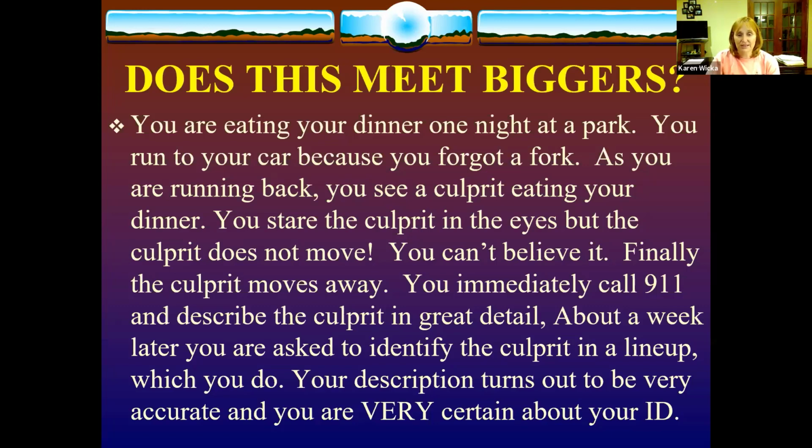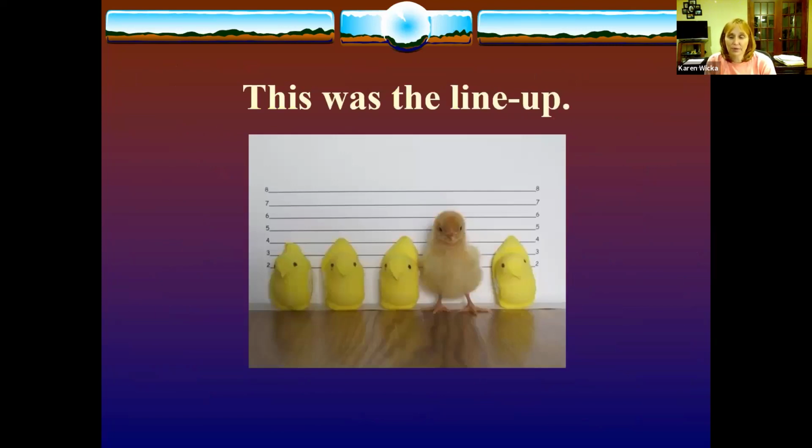But here's the question. This is our lineup, okay? Sometimes we can be really, really certain of something, but there could be another factor that would make the identification process bad and unconstitutional. And that would be whether or not our lineup itself, the procedures we use for the lineup or the photo array, were done in an unfair way, okay?